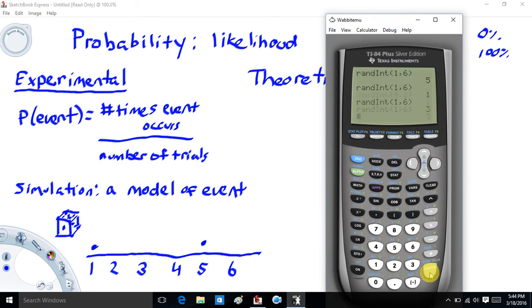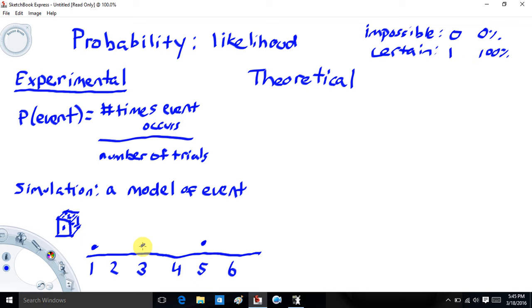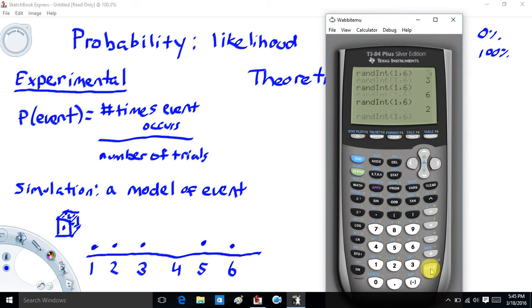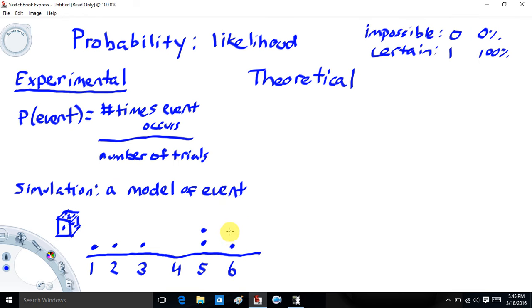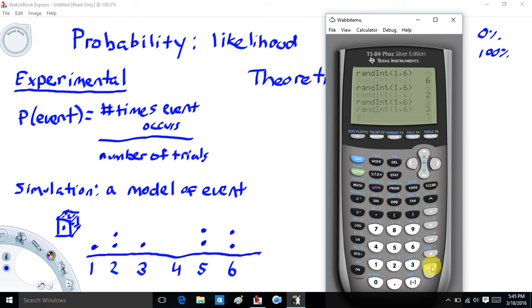And again, we got a 3, a 6, and a 2, 5, 6, 2. And let's do it 2 more times. A 3 and a 1.